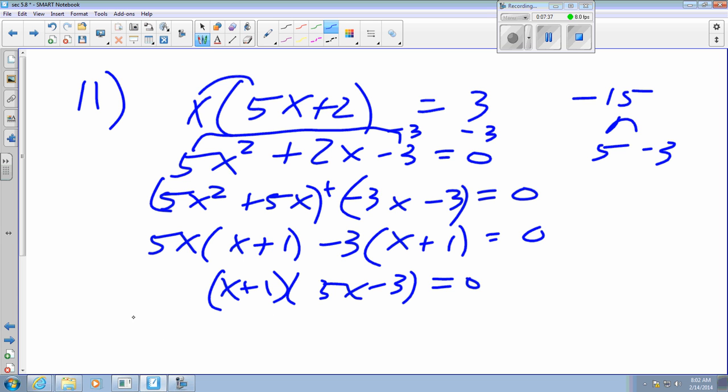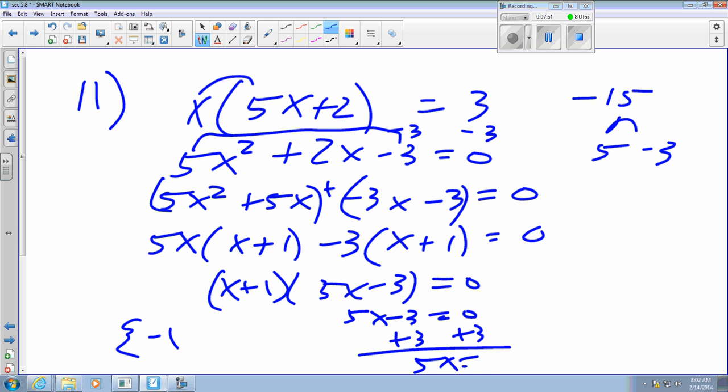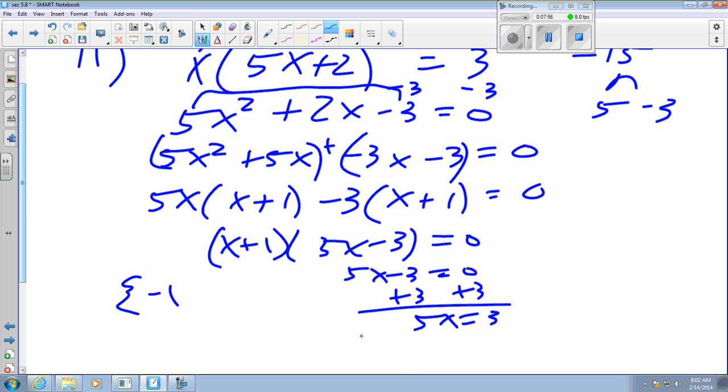One of my answers is going to be negative 1, because the opposite of that one, nothing in front of that x. But this one I have to set equal to 0 and solve it. So plus 3, and I get 5x equals 3. I'm going to have to divide by 5, and I get 3/5 for my other one.